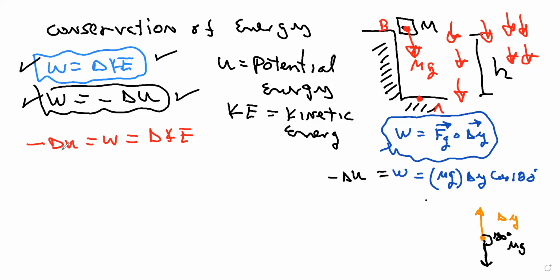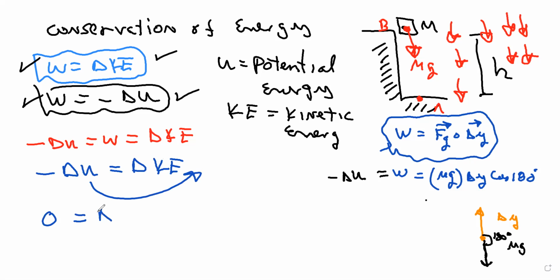So we can send this one to the other side. Let's do that. So we have that minus delta U is equal to delta kinetic energy, and then we send this one over here. So we have 0 is equal to increase in kinetic energy plus increase in potential energy.